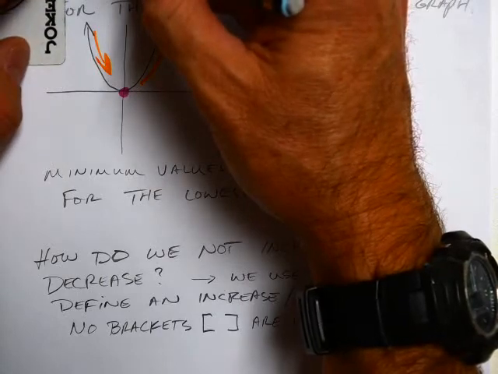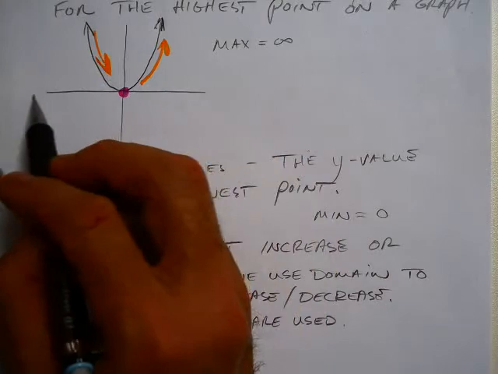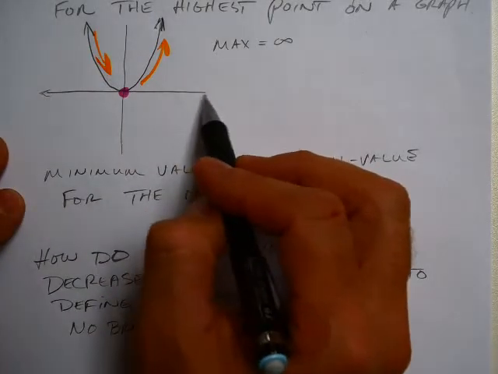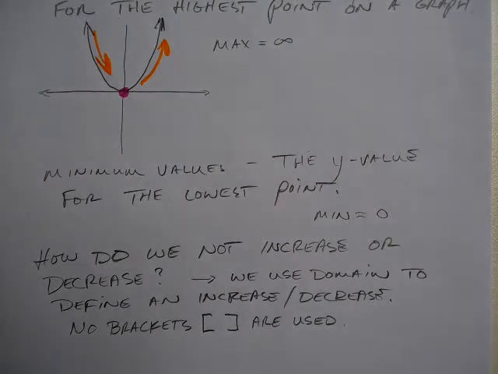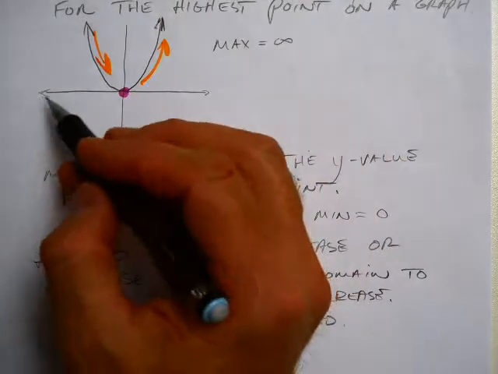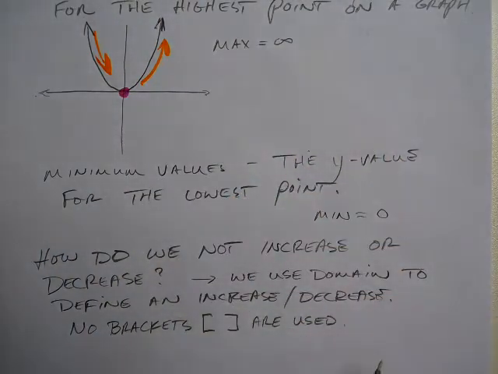Somewhere up here, these are going to be touching, right? And so as far back as I want to move on this x-axis, somewhere I'm going to be touching that function. So this is decreasing from where to where? That would be correct. Negative infinity to 0.